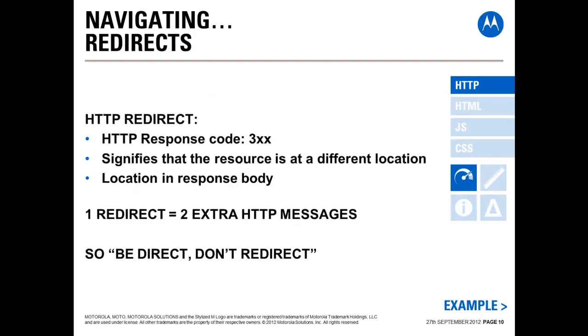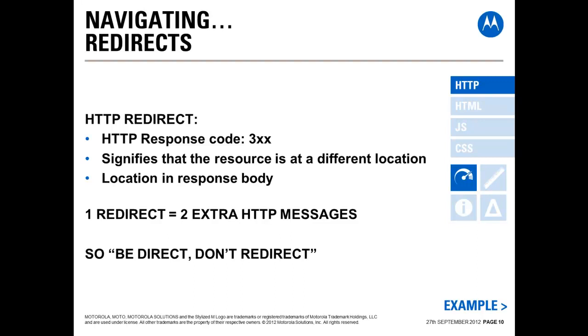So the second part, redirects. A redirect is an HTTP 300 or one of the 300 response codes. So this is when we send an HTTP message to the server requesting a resource. The server then responds to that message saying, it's not here, but I know where it is, go to this page.